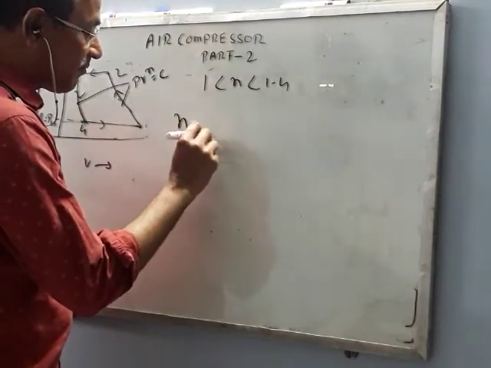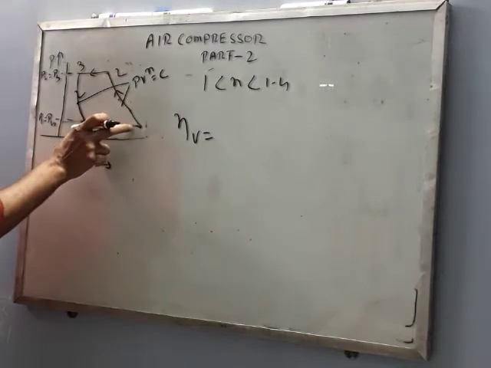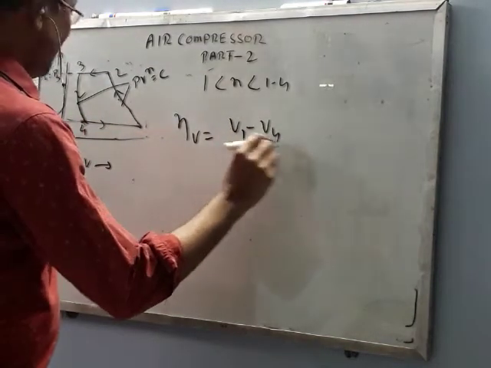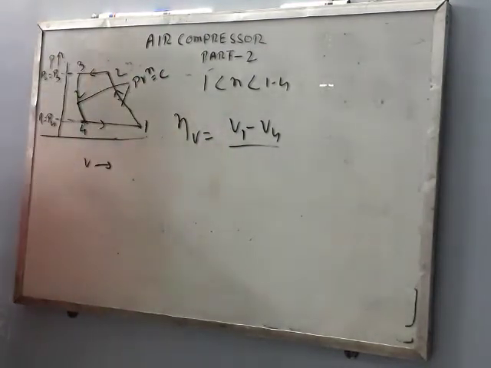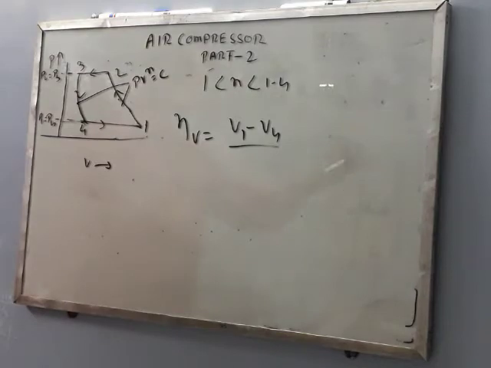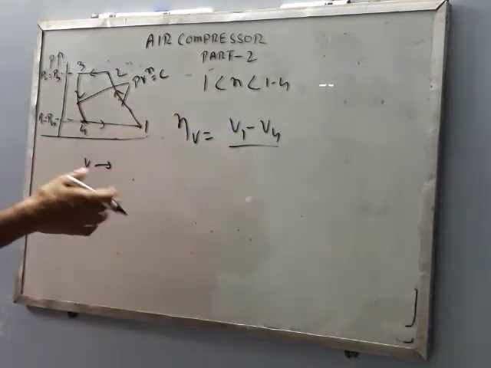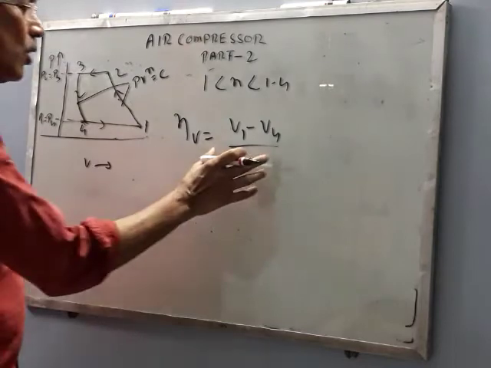Volumetric efficiency is defined as the ratio between the volume of air actually sucked during the suction stroke, that is V1 minus V4, if we ignore free air delivery, FAD; in the next part we can calculate with the help of FAD. So simply V1 minus V4 divided by the swept volume.